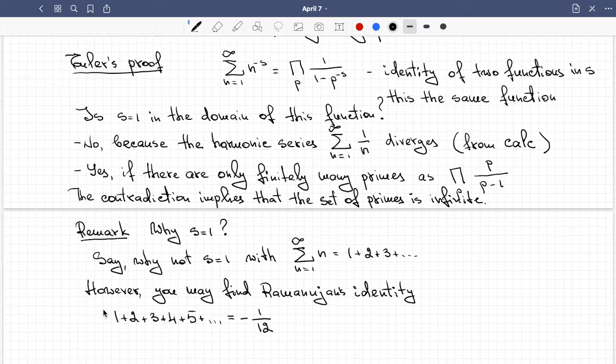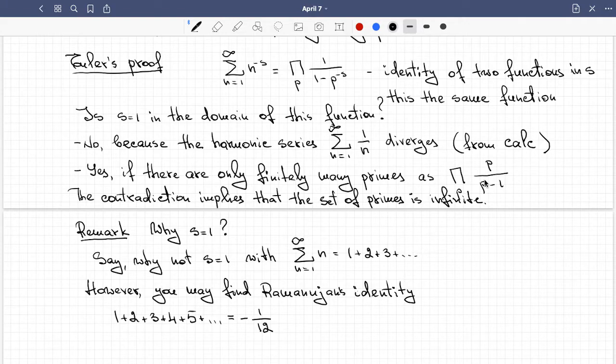Nevertheless, difficulties arise. Maybe this negative 1/12 is a finite product with finitely many primes, and there are only finitely many of them. Of course there are infinitely many primes, but there is a subtlety here.